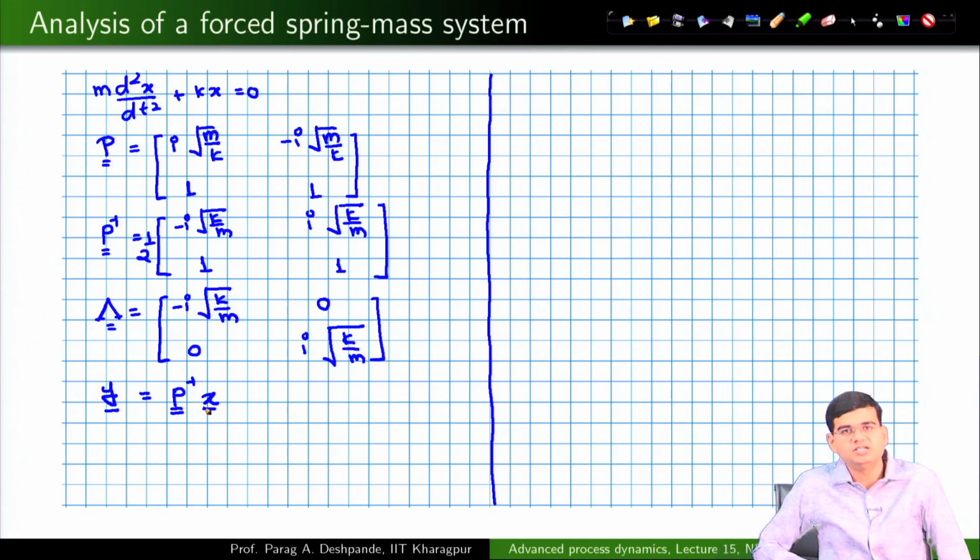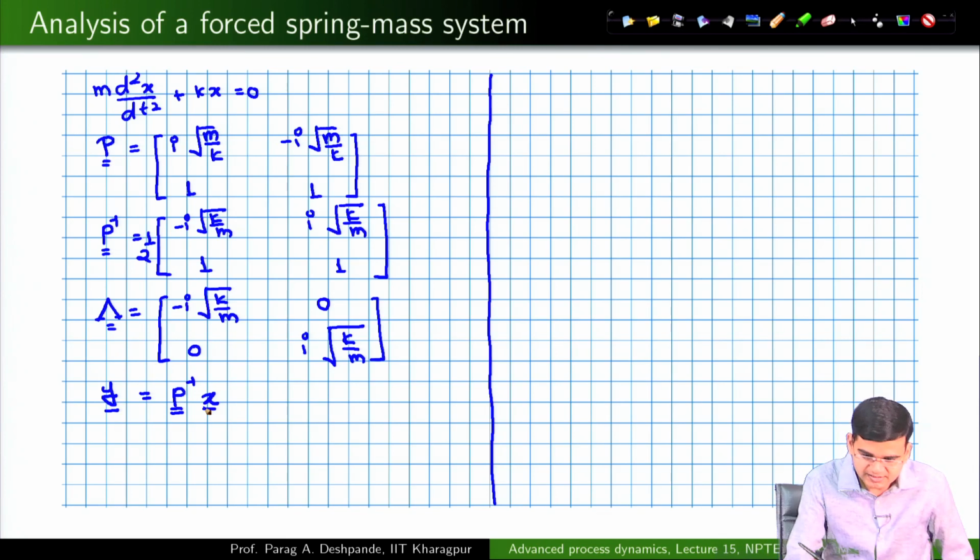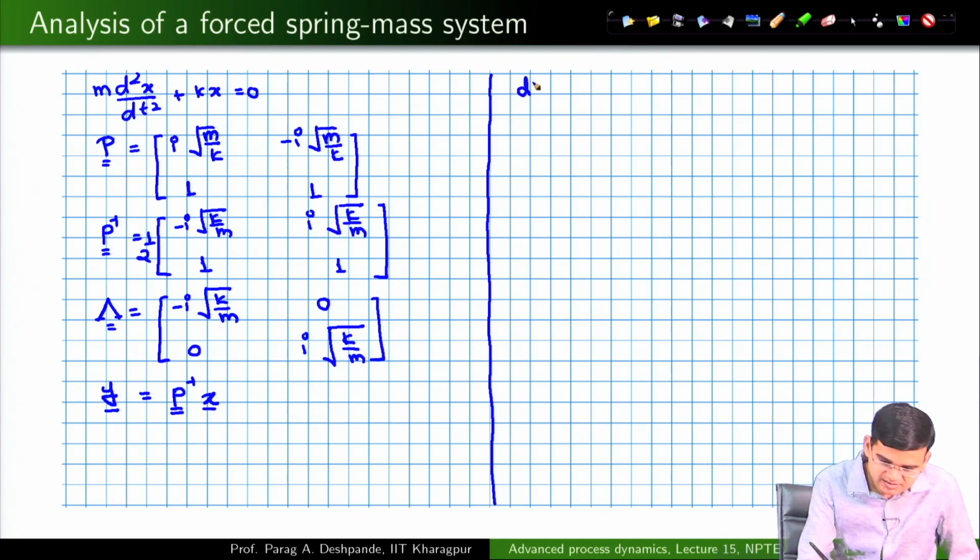These are the quantities which we had from our previous lecture, and then the equation was dy under bar by dt is equal to lambda times y under bar.